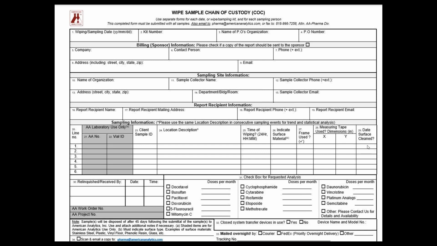The date the surface was cleaned, if you have that information and you know the last date that the last disinfection or decontamination was performed on that surface, you can certainly insert that date in section 29.